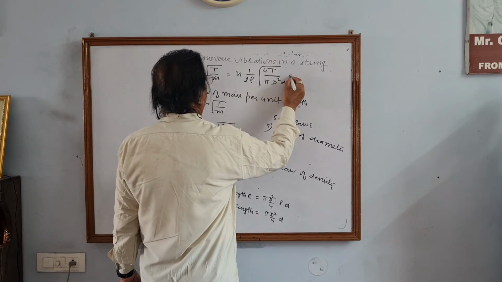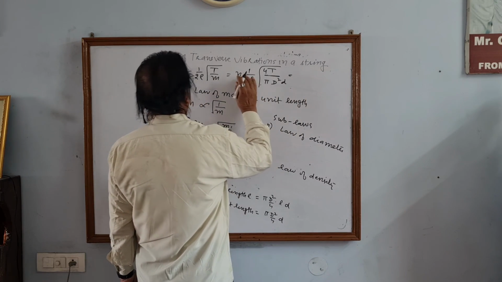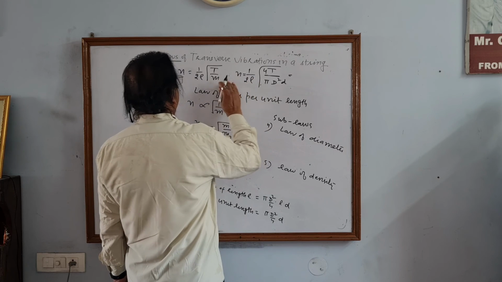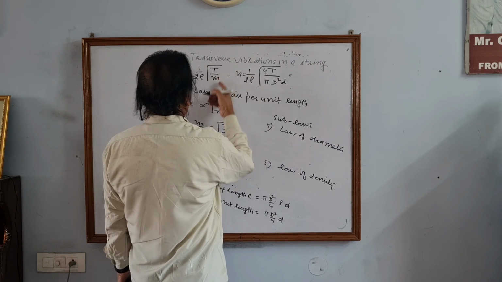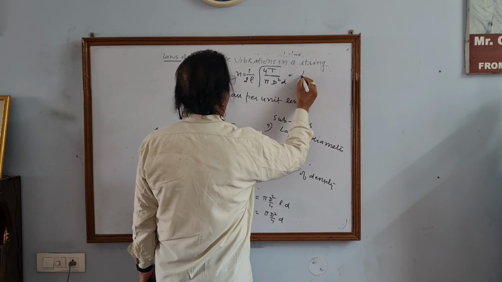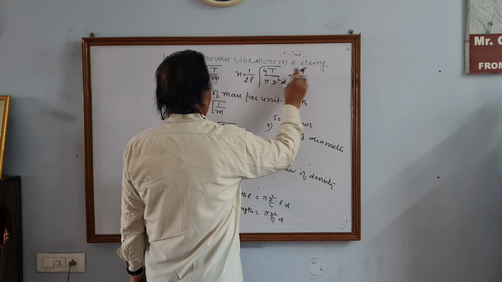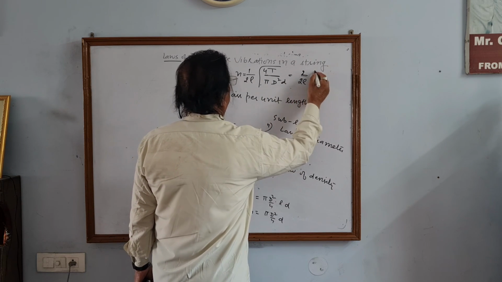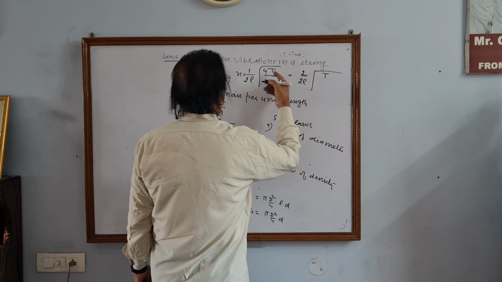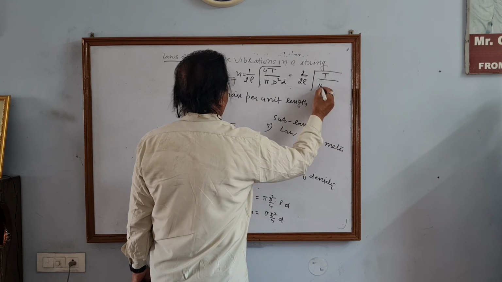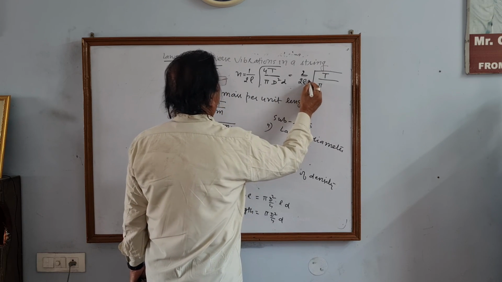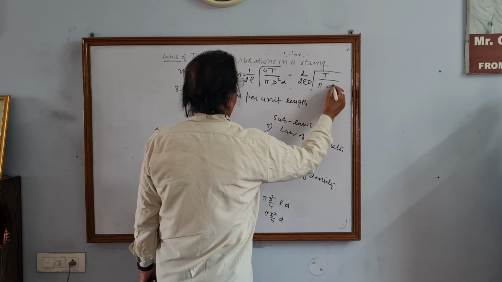Just simplify, it will give you n equal to 1 over 2l square root of T by m. Put the value of m: 1 over 2l, square root of 4 is 2. In the numerator you have only T, then pi D goes outside, small d inside.